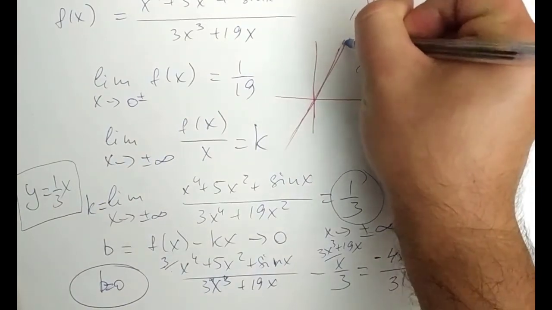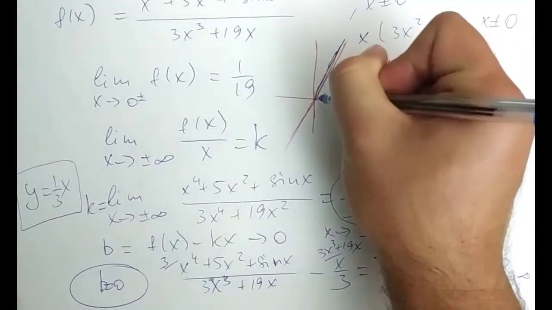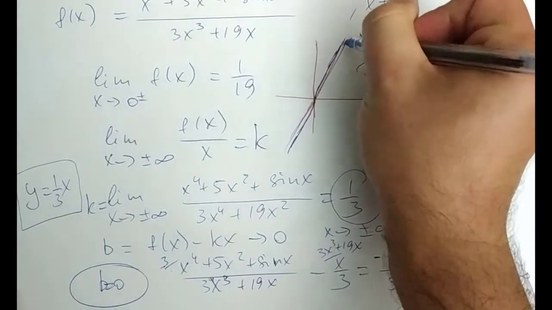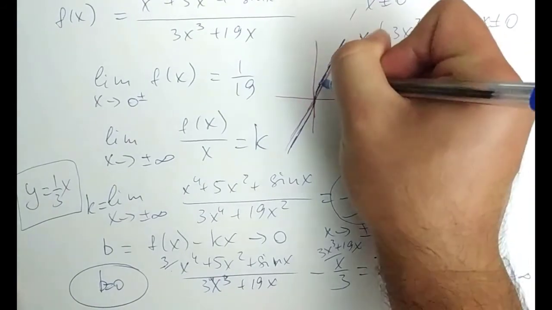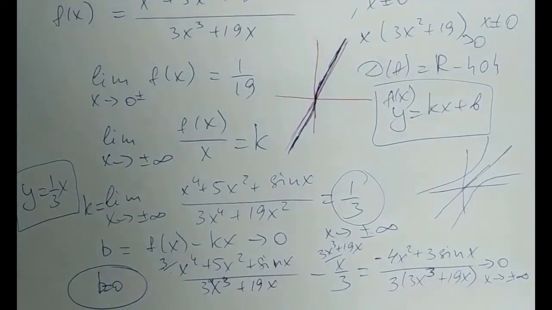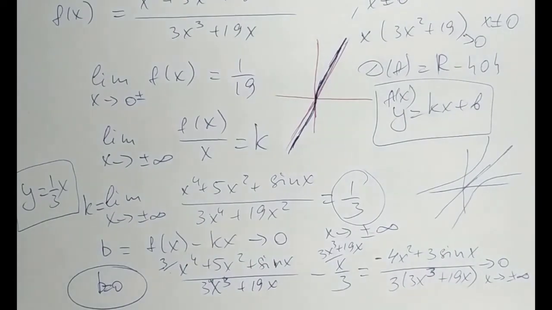So it is our graph. This one. So that's why we call it left and right oblique asymptote.